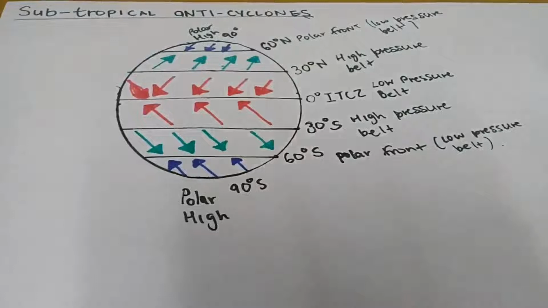Let me give you some notes on diverging air and converging air. Converging air is like this: two air masses moving closer to each other.